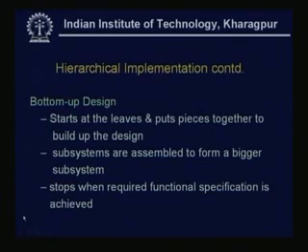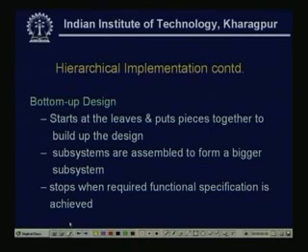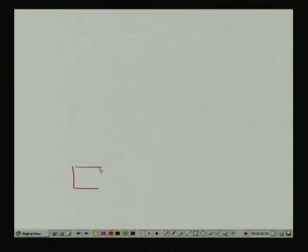So, here what we are doing is a totally reverse concept. What is available are realizable modules, say small modules, some transistors, or it can be logic gates also. I am taking this one, okay. This is a set.